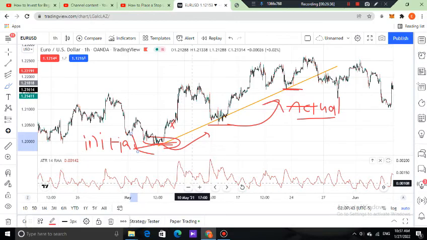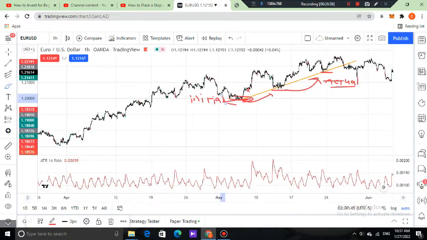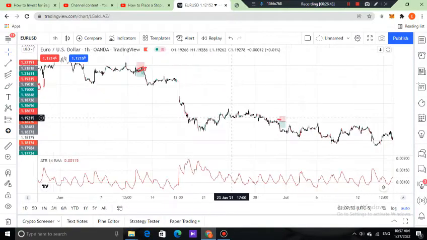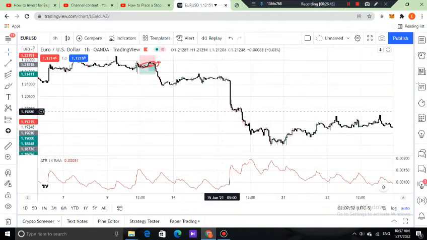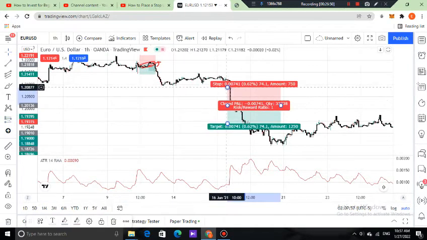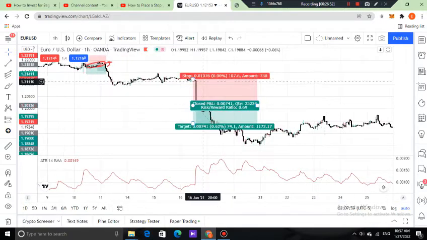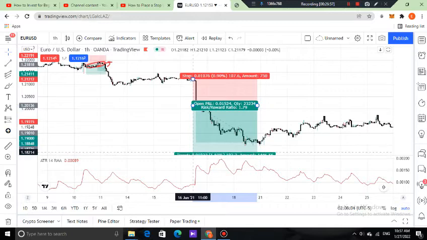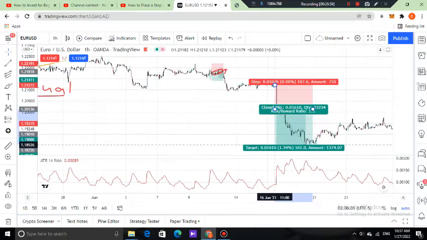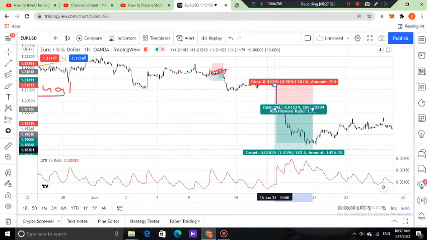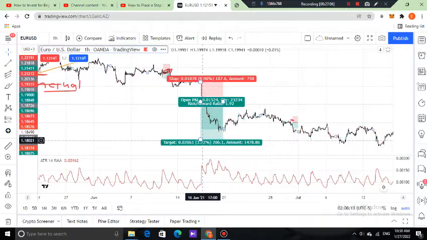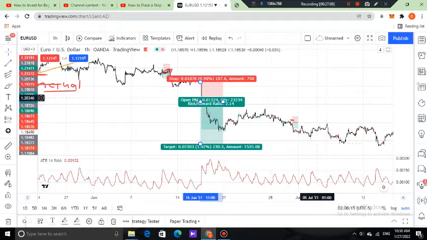And we usually consider a target as large as your initial or actual risk. For example, if you want to consider this candle as your stop, you should consider a target twice as large as your risk, which would be here.